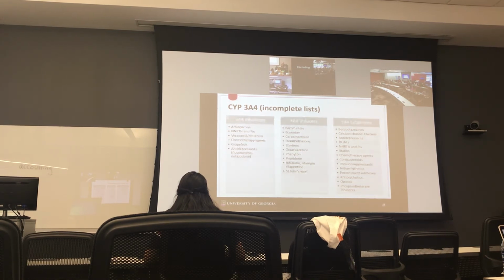Our other calcium channel blockers are not inhibitors, but they are substrates of 3A4. So when we had these interactions before, we said that amlodipine might be preferred over verapamil and diltiazem. That's true, but amlodipine is still a 3A4 substrate. So when we use, for example, an azole with amlodipine, we'll still see inhibited metabolism and increased levels of amlodipine.